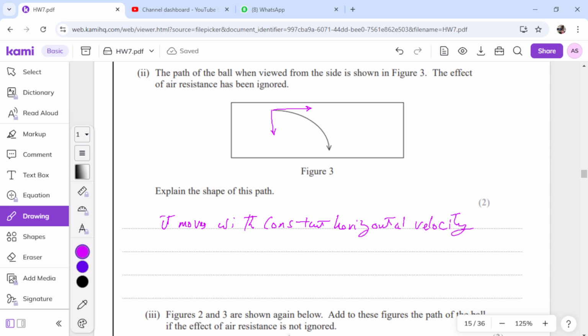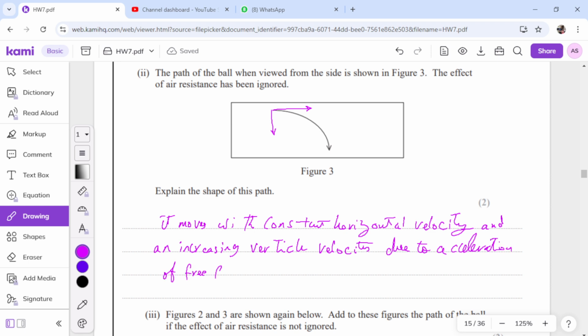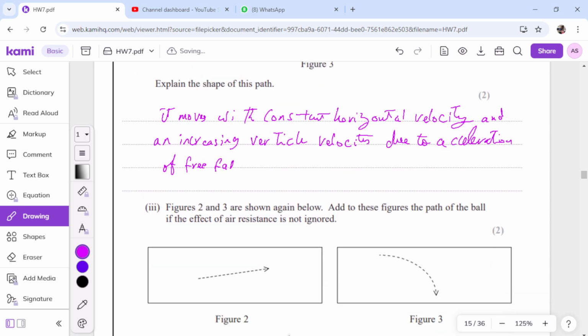It means zero acceleration, and an increasing vertical velocity due to acceleration of free fall. This is why the path takes this shape.